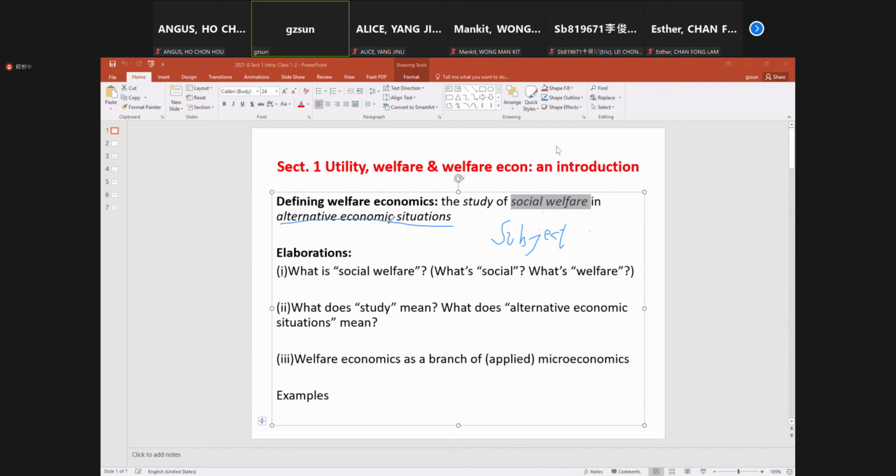And here, let me emphasize once again, for the study part about how, this is about what to do, we will focus on this, social welfare, how to do it. We take economic approach, economic method, and also we qualify the subject by limiting what we are going to study by the word economic situation.